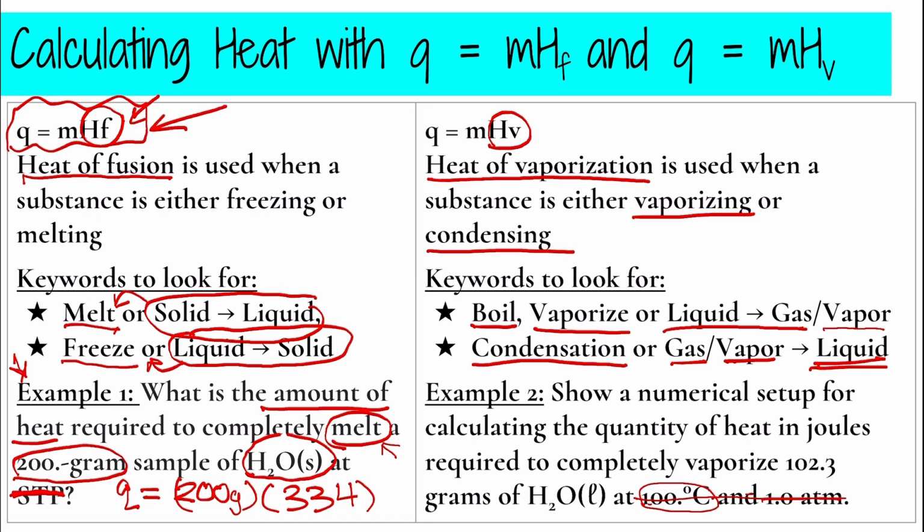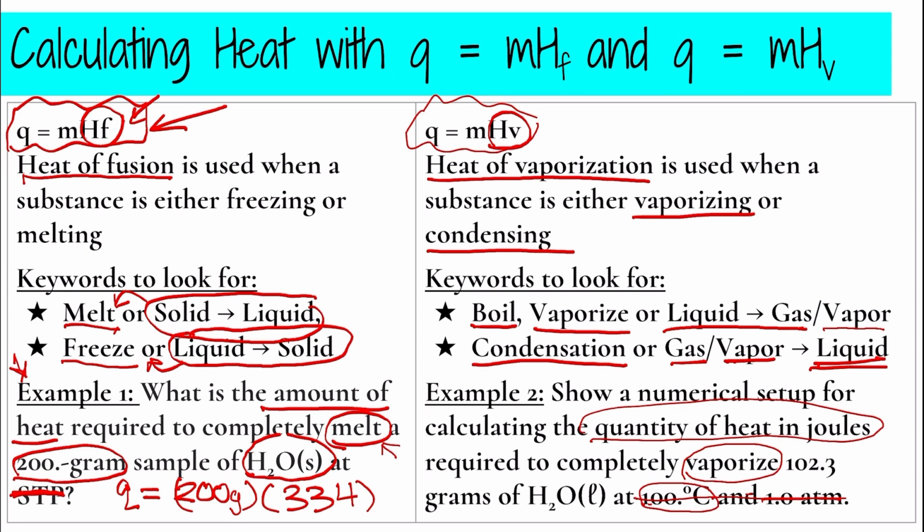So I'm going to use this keyword, vaporize, and I know I'm using this equation, heat of vaporization. So how would this look? For this, I know that the X is Q because they're asking me to calculate heat.